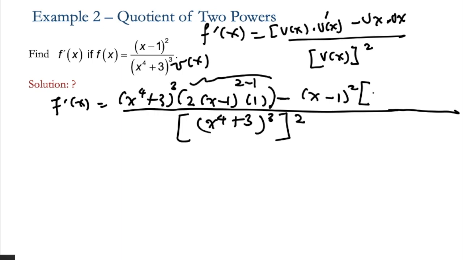So when you differentiate it, you bring the power here, 3. We write again the one in the bracket, x to the power 4 plus 3, and then 3 minus 1, and then the one inside here, you differentiate it, it becomes what? 3x cubed, and then you close the bracket.